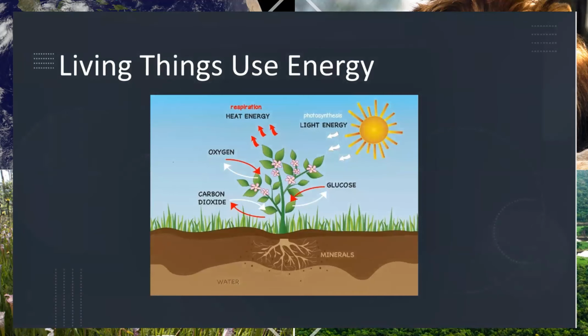The source of most energy is the sun. So most organisms receive energy either directly or indirectly from the sun in combination with raw materials that we use for nutrients. Looking at this plant here, the plant has raw materials that it's taking in, such as carbon dioxide and water, but it's also receiving direct energy from the sun.